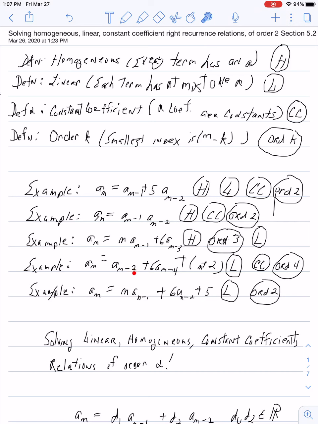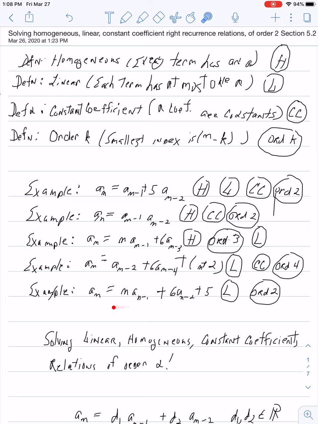Because each term has at most one A in it. Now the last term has no A's, but that's at most one. It's constant coefficient. Why? Because the coefficient of this term is 1, coefficient of this term is 6. It is of order 4. Why? Because the smallest index is n minus 4.